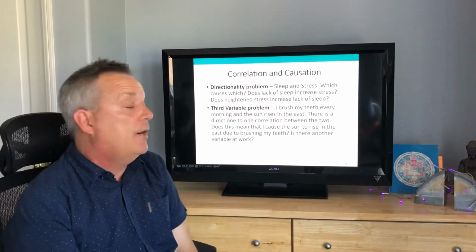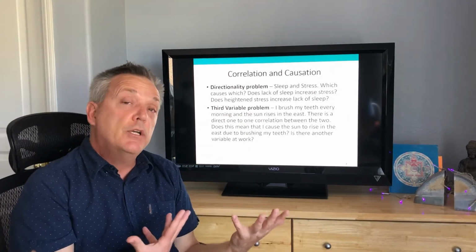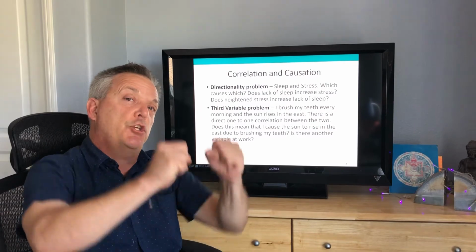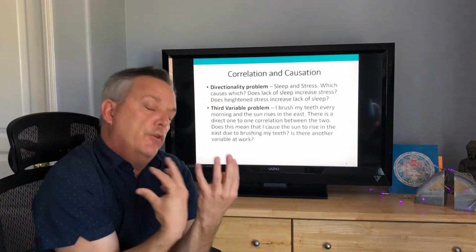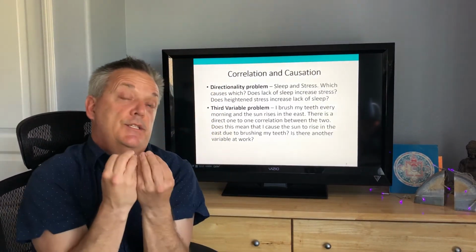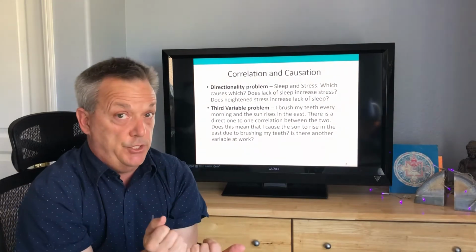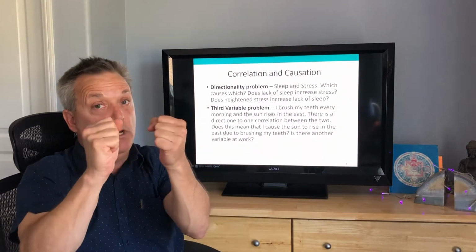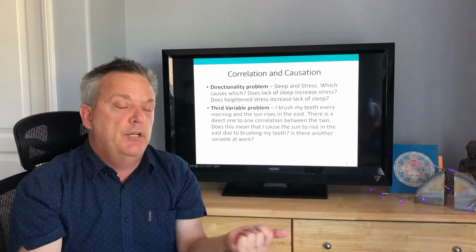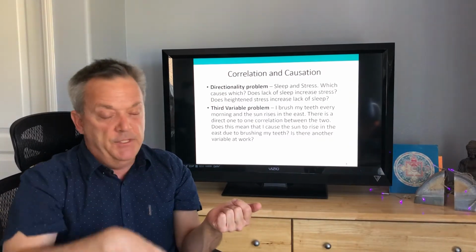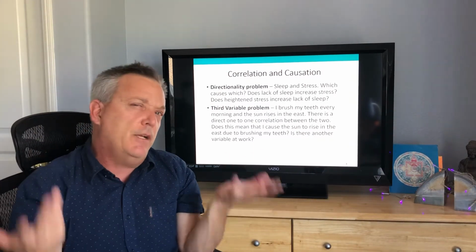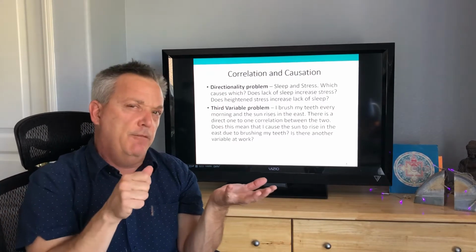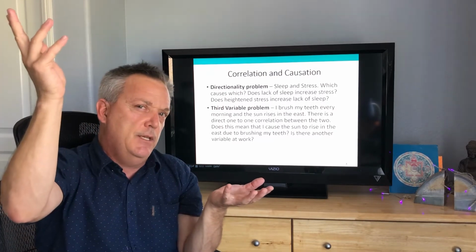The third variable problem is another problem that they talk about in the book. While two measures co-vary together, and that could infer some causation, it doesn't necessarily mean that there is causation. And even if they have a one-to-one correlation, I use the silly example of brushing my teeth every morning and the sun rising in the east. Does that mean that brushing my teeth every morning causes the sun to rise in the east?